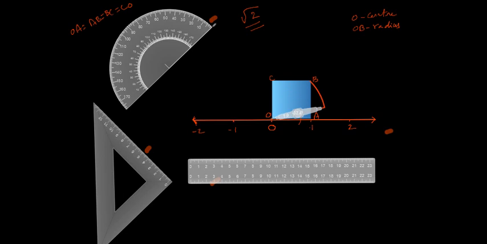With the help of the compass, you draw an arc from O as center, with radius OB.